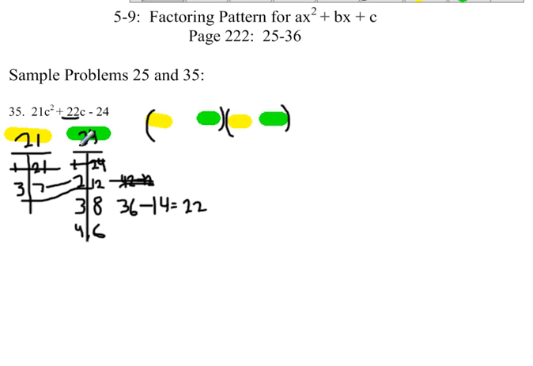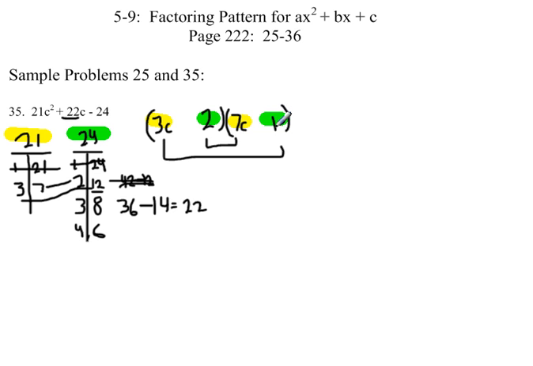So let's just insert 21 first. I'm going to put a 3 in, then I'm going to put a 7 in, and don't forget your C terms. I'm not going to worry about signs yet. For 24, I know that 7 needs to pair up with 2, and that's going to be your middle term. And then the 3 needs to pair up with 12 over here. So 3 pairs with 12 when they multiply.